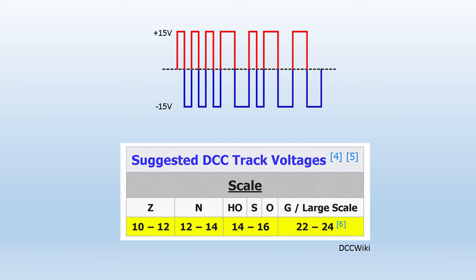Most commonly, somewhere around plus and minus 15 volts. And these voltages are too great to directly connect to most electronic circuits. And that's where the properties of diodes can prove useful to us.